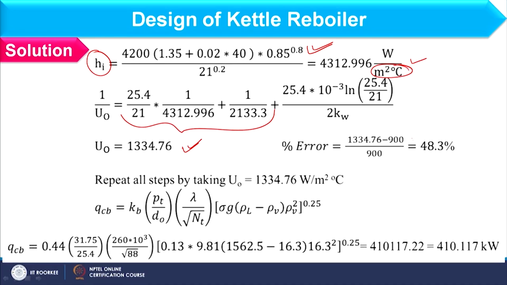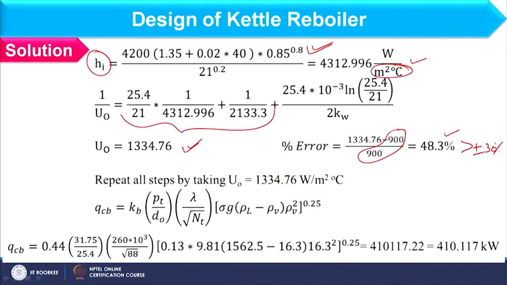And if you compare this with the initial guess, you can find the error as 48.3%, which is more than plus minus 30%. So, ideally we should repeat all the values depending upon the U value of 1334.76, right.